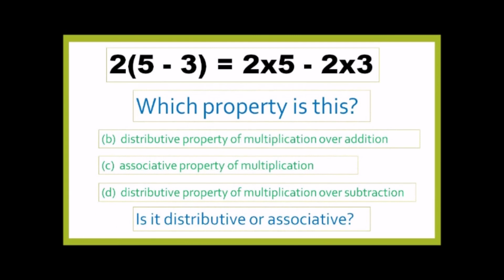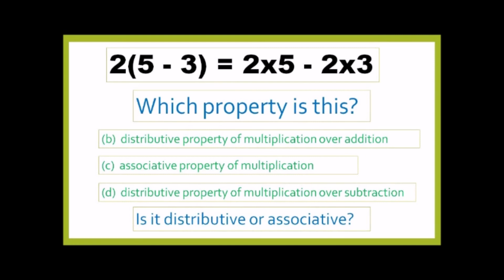What you're left with is B, distributive property of multiplication over addition, C, associative property of multiplication, or D, distributive property of multiplication over subtraction. Is it distributive or associative? Remember the definitions and see if you can figure that out, because we're going to get rid of one more answer.